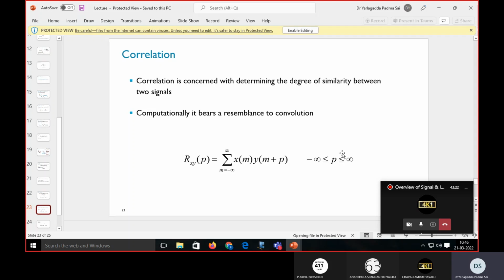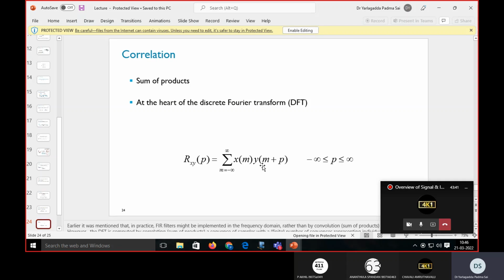Before performing convolution, you have to take the minus. So this is the equation. Correlation is checking the similarity between two signals. One is the transmitted signal, another one is the received signal.